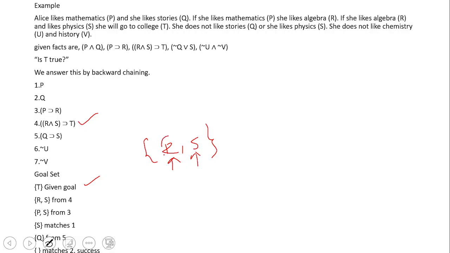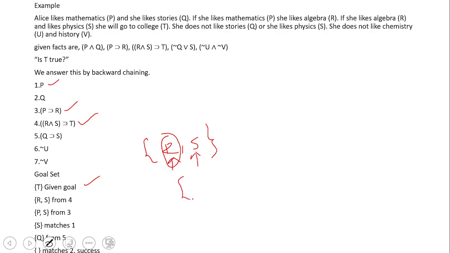First we will see the first goal, R. Where can we get R? From the fourth, we can get R from P. So we replace R with P, and S as it is from the 3. Next, P is there in the first one. P is true, it matches with 1. So we reach the first goal.